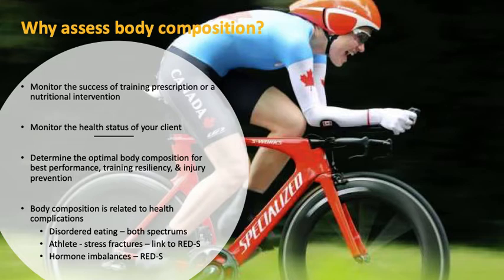The third reason for assessing body composition is to determine the optimal body composition for best performance, training resiliency, and injury prevention. Now, this is huge because the way that you eat and the changes in your body composition will dictate how quick you are to recover, whether you're performing the best, and whether you're more prone or resilient to injuries. A prime example of this is Claire Hughes, who you can see cycling in the background here.